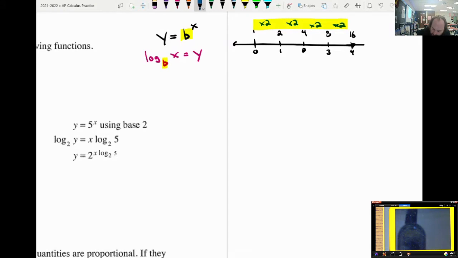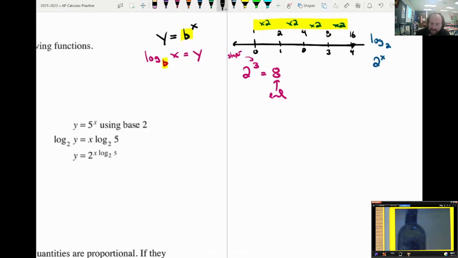And that's why we call this a logarithm of base 2, or an exponent, 2 to the x power. There are two questions to ask here. If I go, for example, 3 steps, 3 being the number of steps that I take, I'm going to land at 8. If we count by multiplying 2's and we take 3 steps, we'll land at 8.